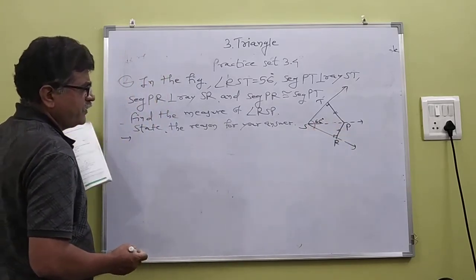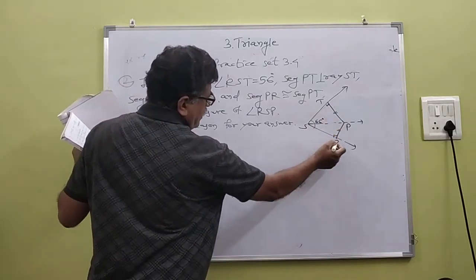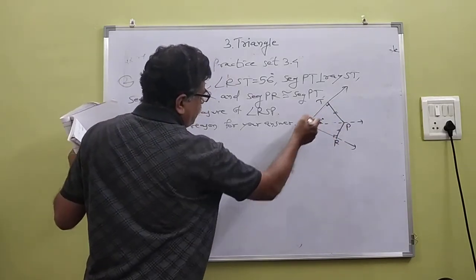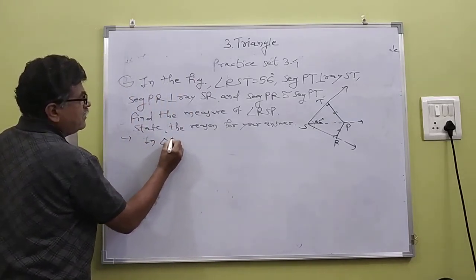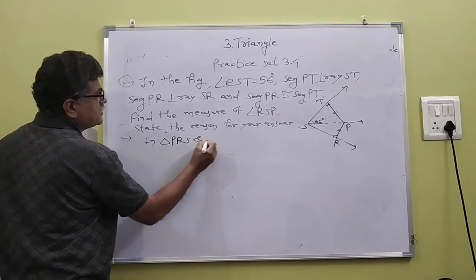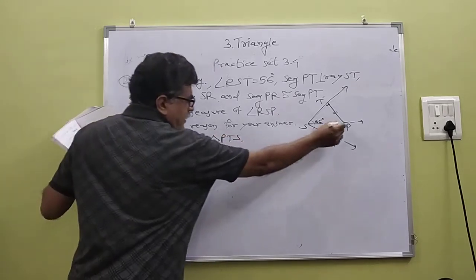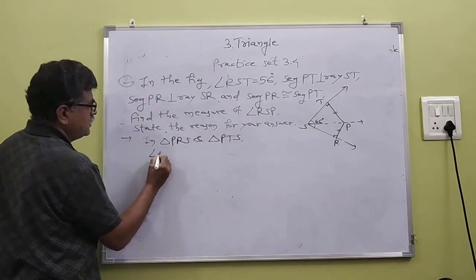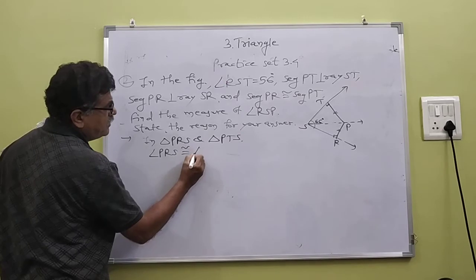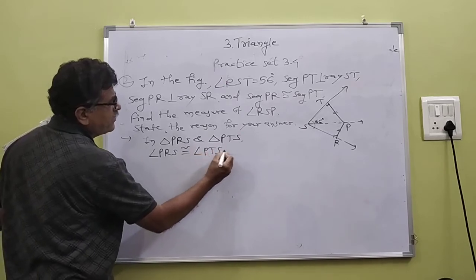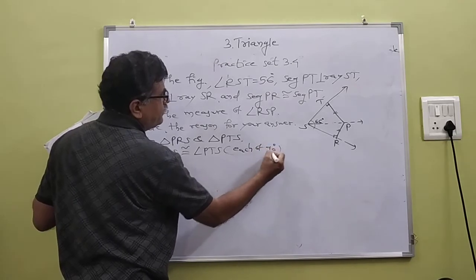Now write down, in triangle PRS and triangle PTS, angle PRS is congruent to angle PTS, each of 90 degrees.